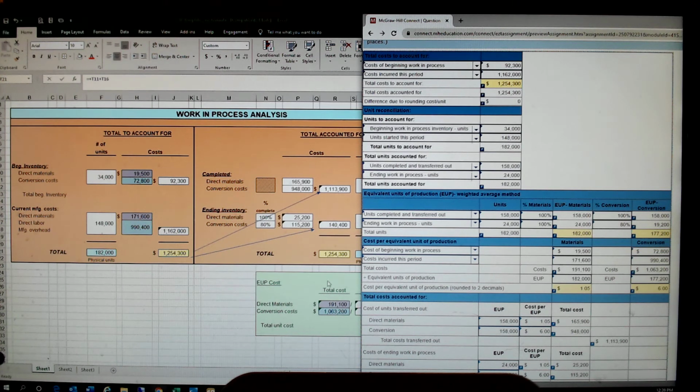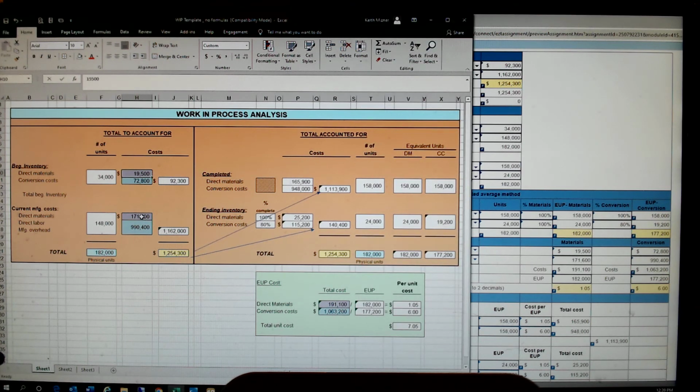Step three, cost per equivalent unit. Again, they did it horizontally. I did it vertically. For material cost, I took the beginning inventory plus the materials I added during the period to get the total, divided by the equivalent units computed back in step two to get a cost per unit. And that's exactly what they did. They did the same thing for conversion costs.